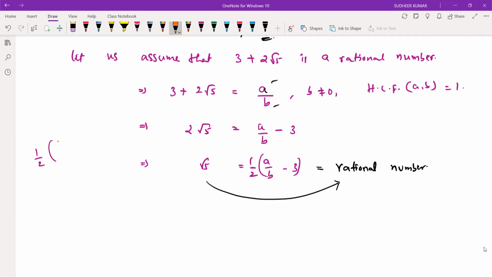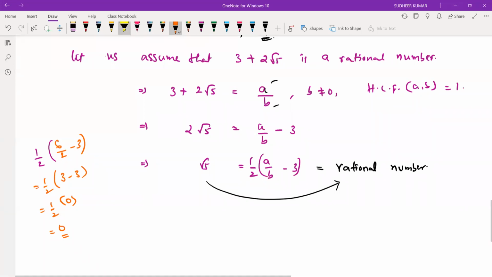So I am going to take a is 6 and b is 2, minus 3. 1 by 2, 6 by 2 is 3, minus 3 is 1 by 2 times 0. So the result is 0. Is it a rational number or not? 0 is a rational number. Yes, sir.